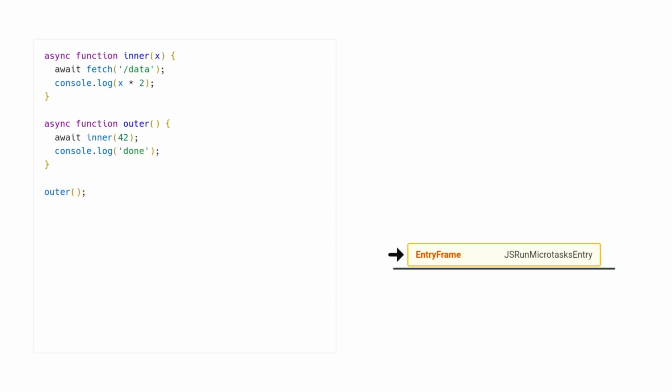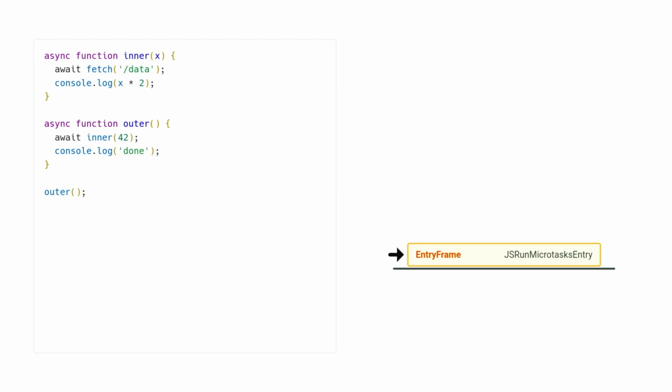Okay. But we still haven't run a console.log statement, so what's going on there? Basically, the name of this function here should have already tipped you off. We have stopped running JavaScript code. We're now running microtasks. Some advanced web developers here might know what the microtask queue is, but very simply speaking, it's a queue of work items that need to be done.